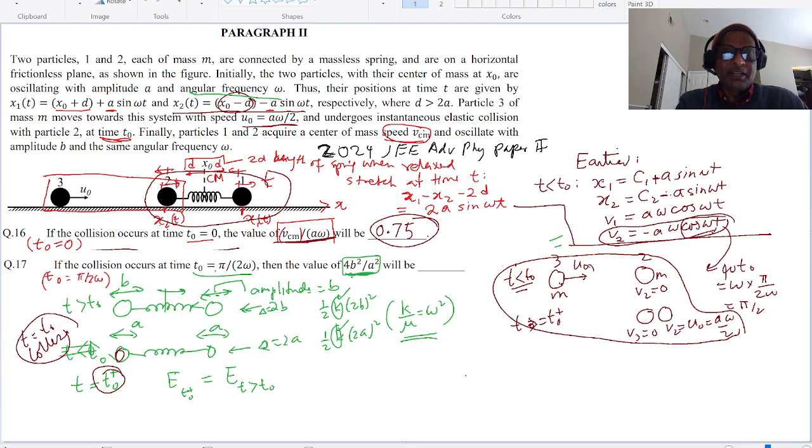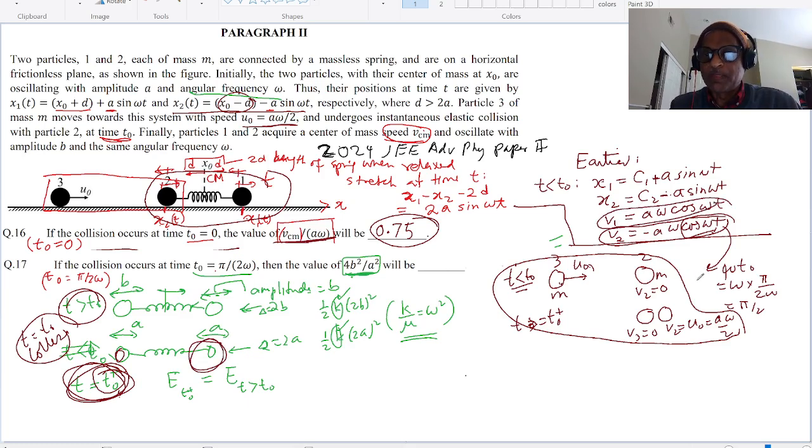We also need the kinetic energy for t greater than t0, this situation at t0 plus. We also need to know whether this is moving. For the same reason, v1 is also 0, for t equal to t0 minus and t equal to t0 plus, because this guy is not participating in the collision, so its speed doesn't change immediately.